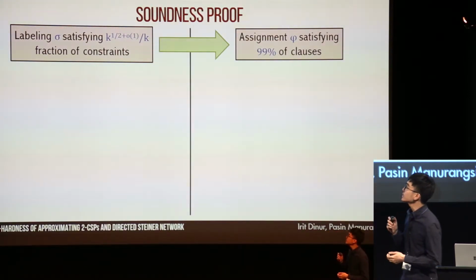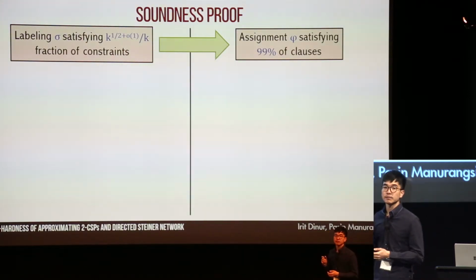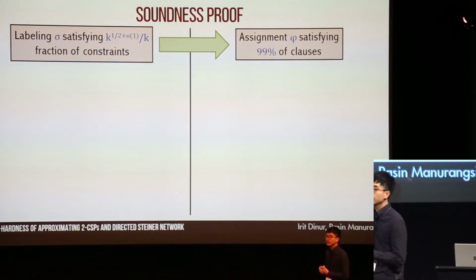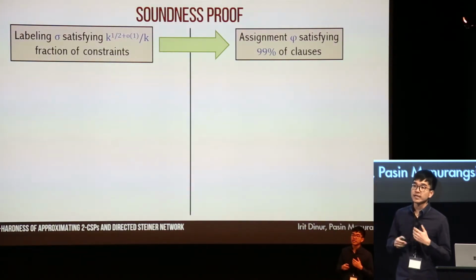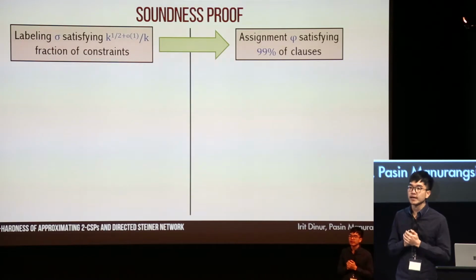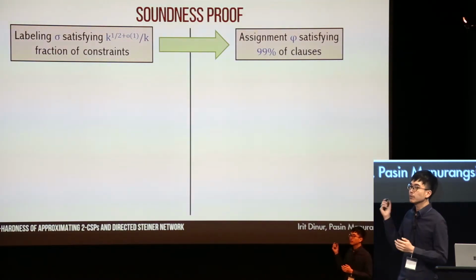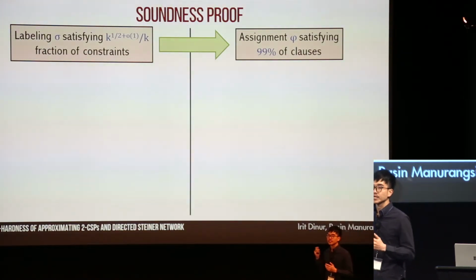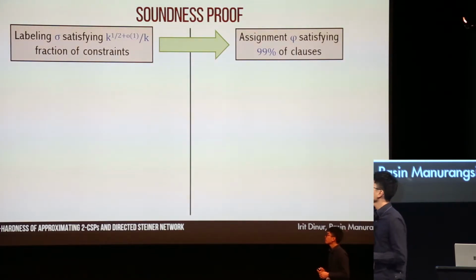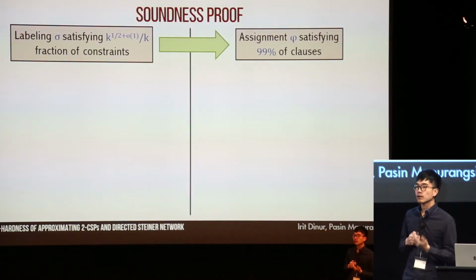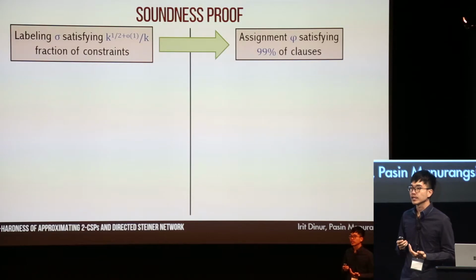For the purpose of this talk, we will prove something a little bit weaker: if the labeling satisfies roughly a 1 over root k fraction of the constraints, then we will get back the assignment for our 3-SAT formula.